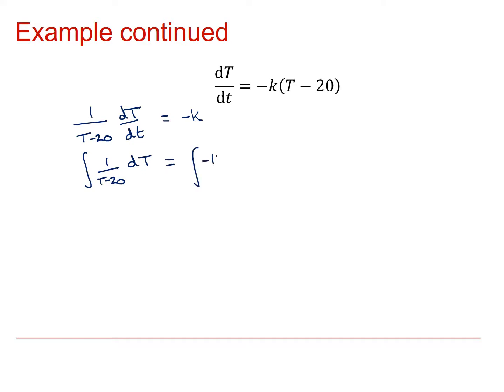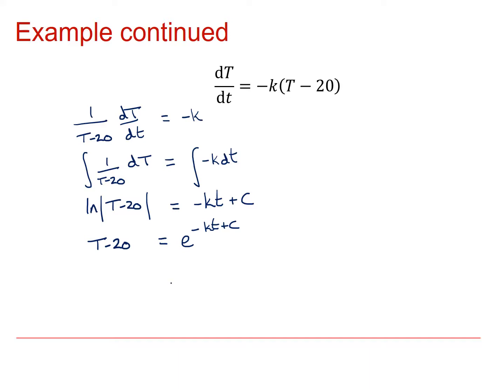It is the integral of minus k dt. So integrating both sides, I get that the log of mod T minus 20 is equal to minus kt plus c. E to the power of both sides, then I'm going to get that T minus 20 is equal to e to the minus kt plus c.